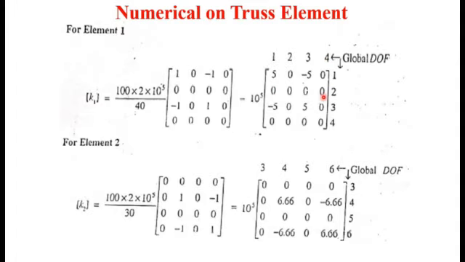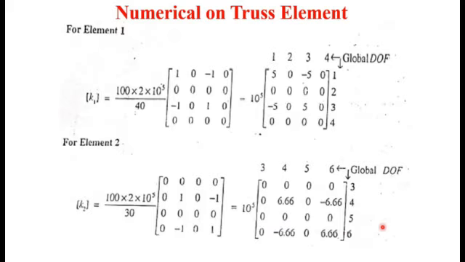Then similarly the stiffness matrix for the second element, K2, is equal to A2 E2 divided by L2 into the bracket. By putting all these values and simplifying, we will get this K2 matrix: 10 raised to 5 into 0, 0, 0, 0; 0, 6.66, 0, minus 6.66; 0, 0, 0, 0; 0, minus 6.66, 0, 6.66.